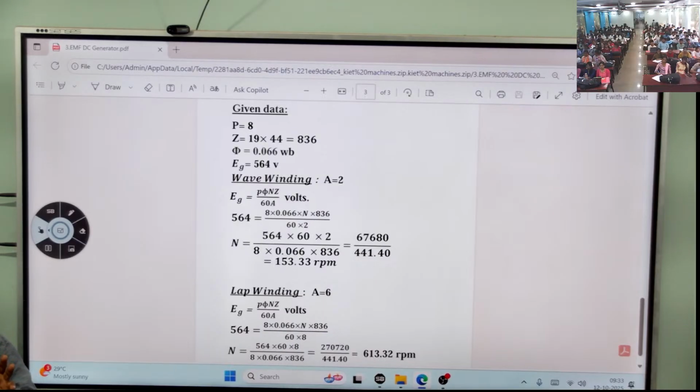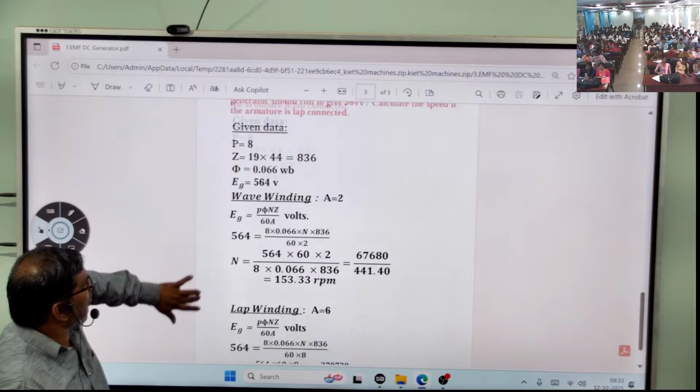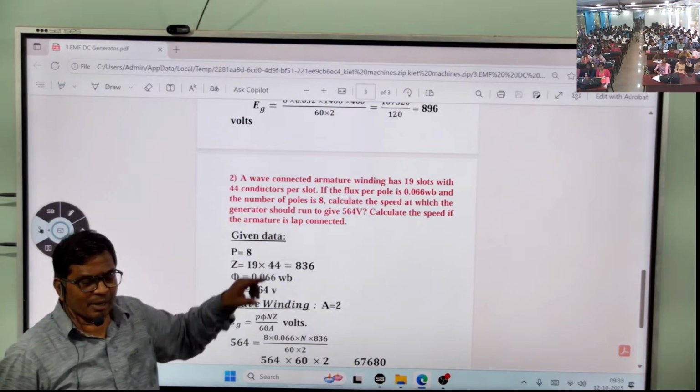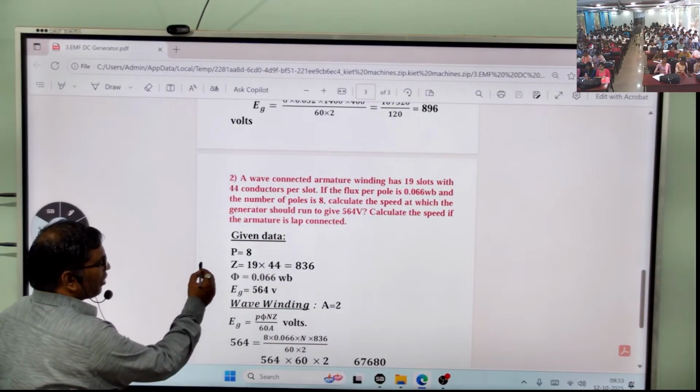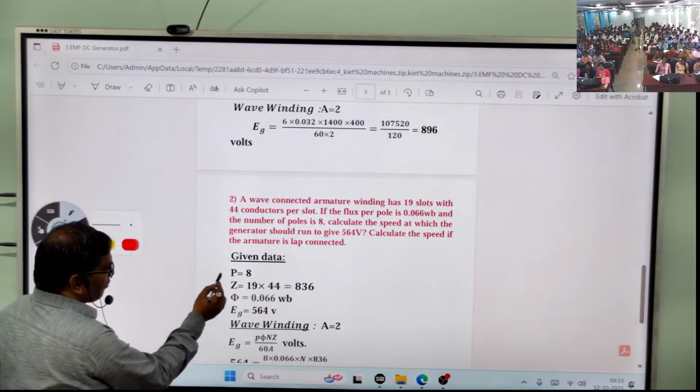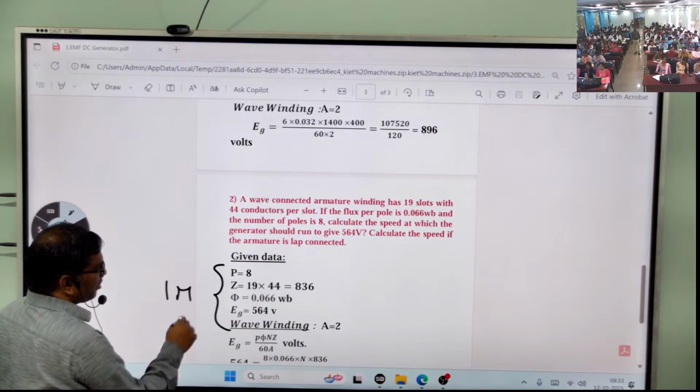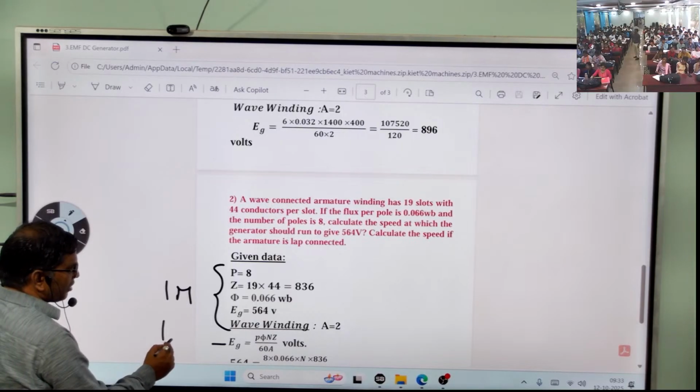For example, if you are unable to solve the question, what you have to do? At least write down the given data. If you are unable to remember the formula, write down what parameters are available here. For writing this you will get 1 mark, and even for the formula 1 mark.